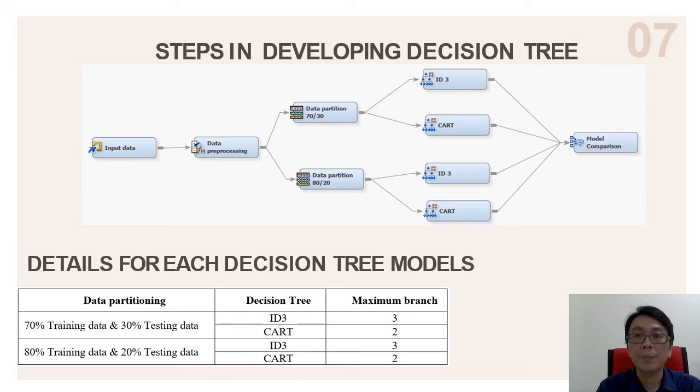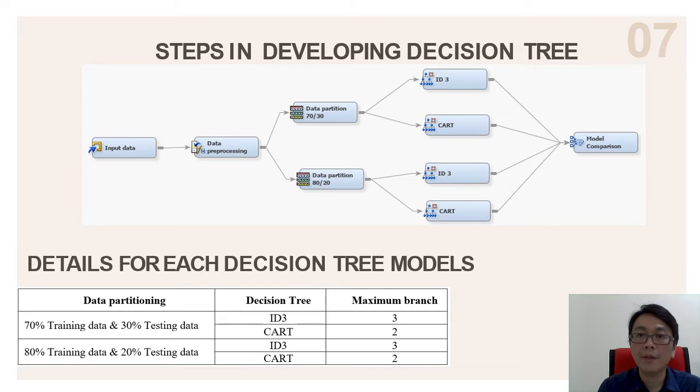This is the process that has been created using SAS. From the beginning, we have the data input, followed by the data pre-processing. Actually we have undergone data integration, data cleaning, data reduction, and also data transformation in these steps. Then the data is partitioned into 70-30 and 80-20 respectively. From each data partition, two decision tree models, which are ID3 and CRT, have been developed.